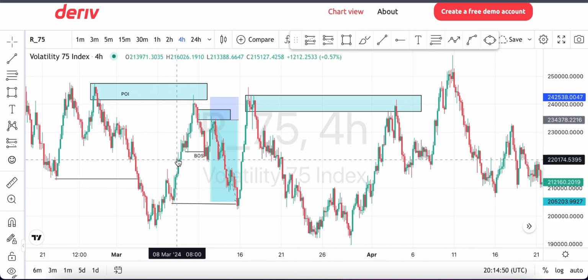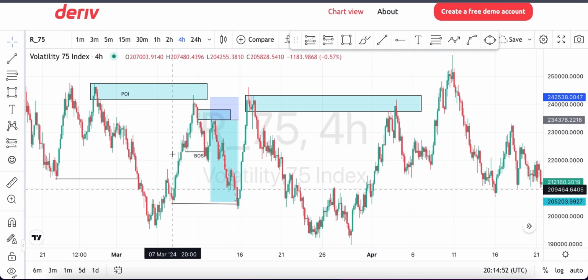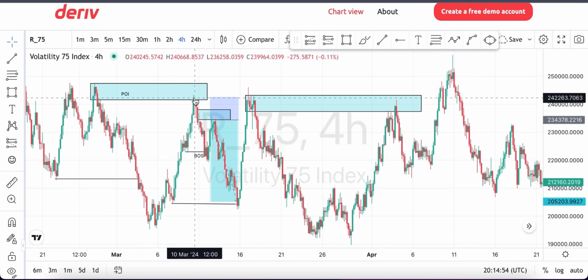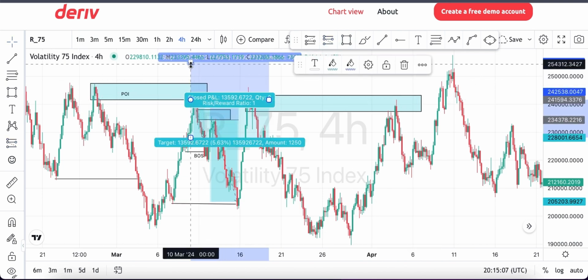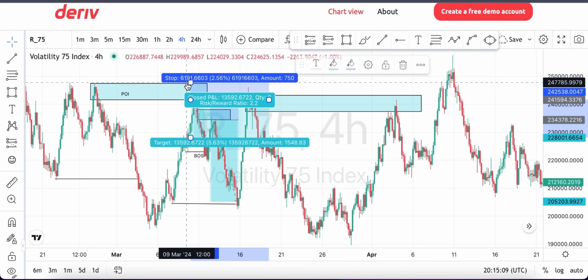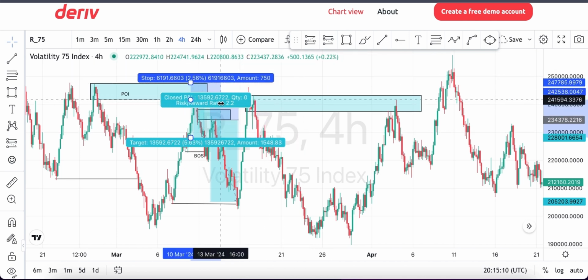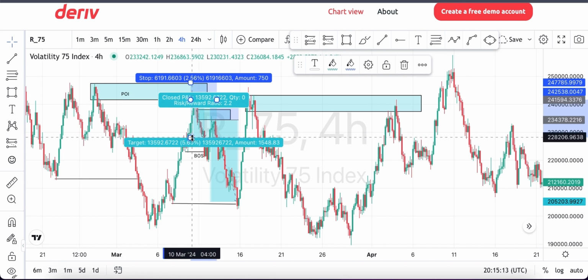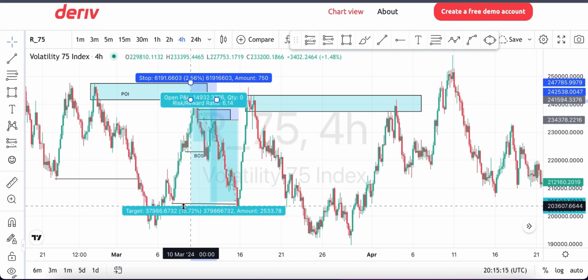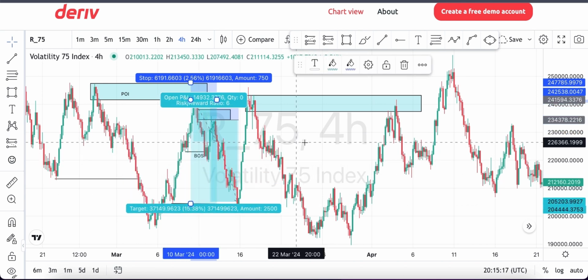Price was going up. So once price gets to my POI, I can choose to sell instantly from here. Immediately price gets to my first POI, I can choose to sell instantly.